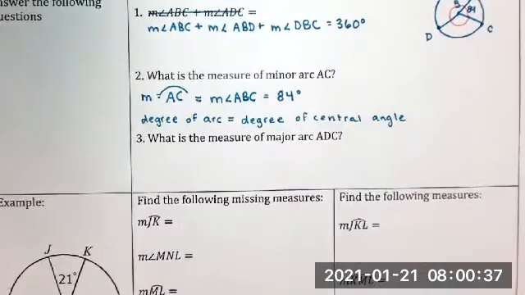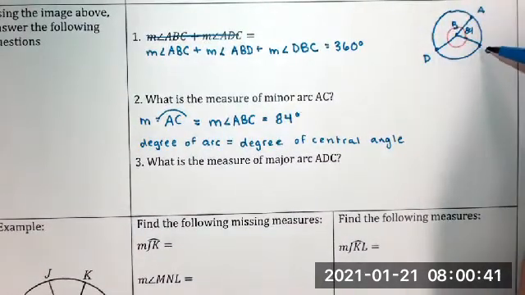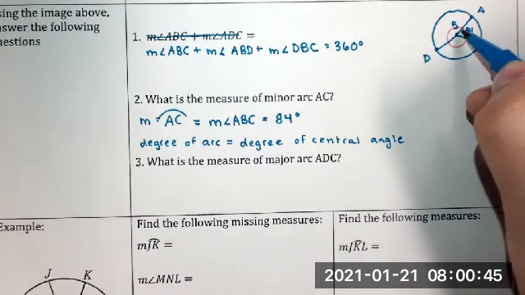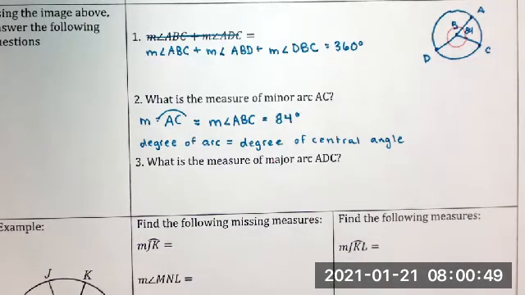And lastly, what is the measure of major arc ADC? So that's all of the circle except for the piece that's 84 degrees. Well, if I have a pizza that's cut into 8 slices and I take one of the slices away, what's the rest? Well, 8 total minus the one I took would be 7 remaining. The same idea here.